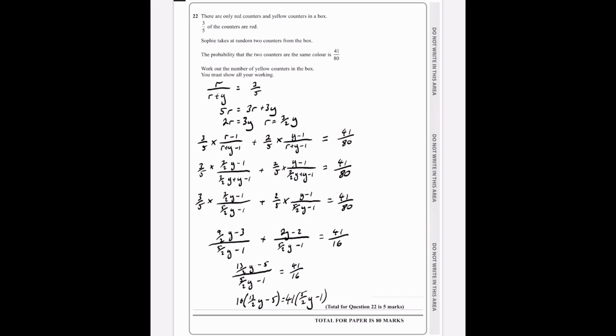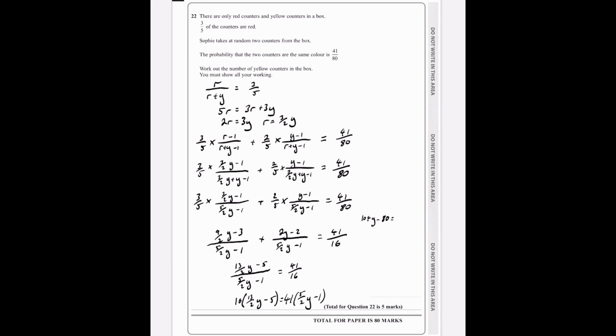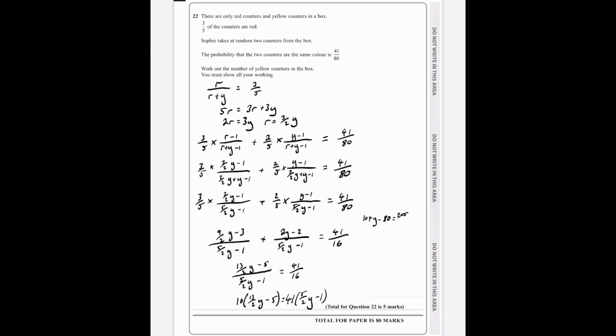And we can expand those single brackets out. So 104Y minus 80 equals 205 over 2 lots of Y minus 41.